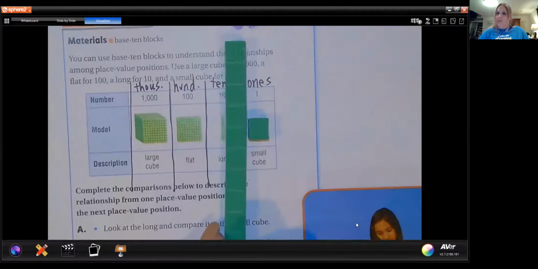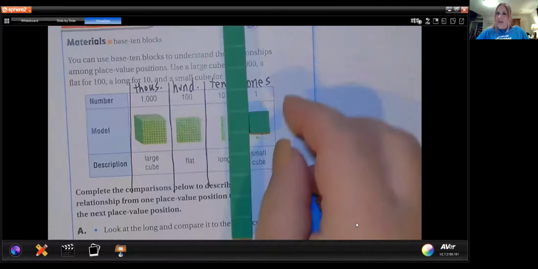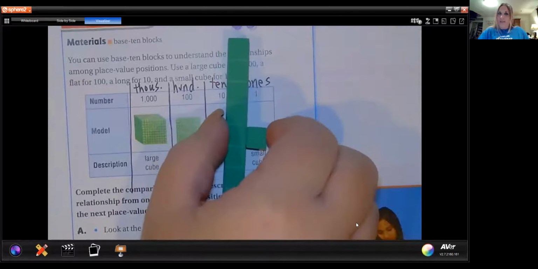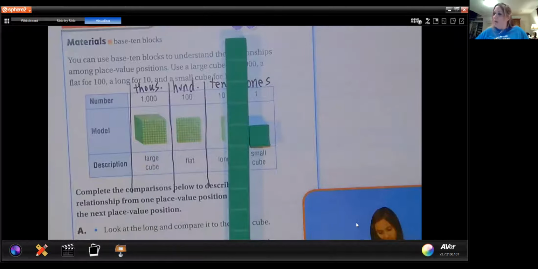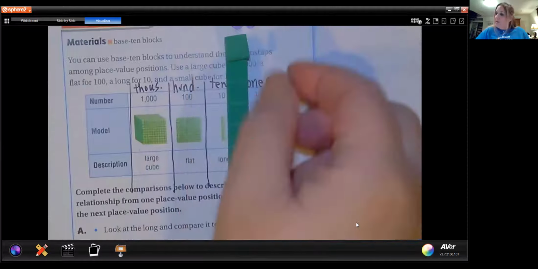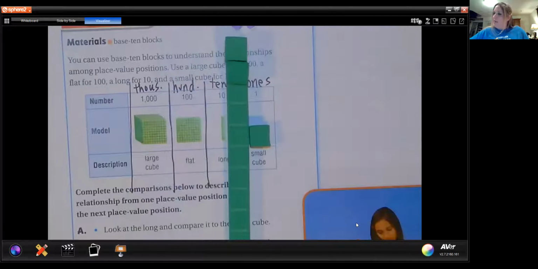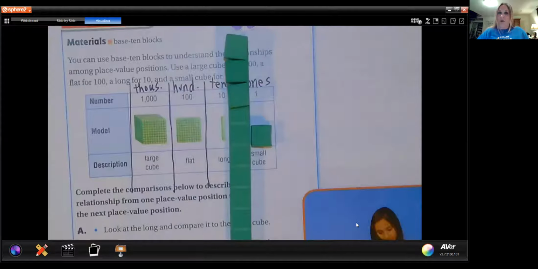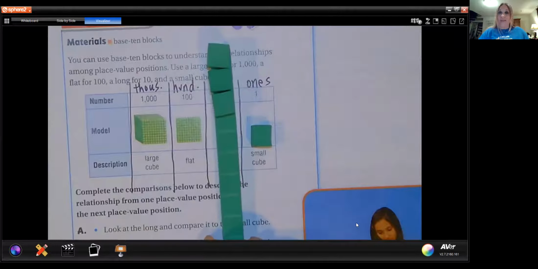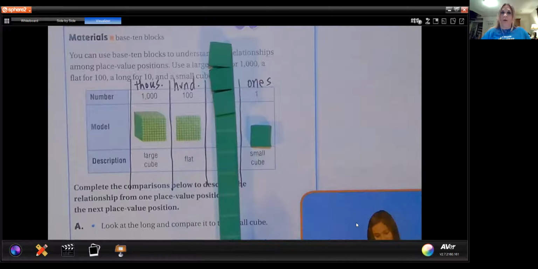Are they the same size? Kind of. At least the cube is the same size as a piece of the long. If I lined cubes up on the long, how many cubes would I need to reach the bottom? 10. That's right. So 10 small cubes equal 1 long.